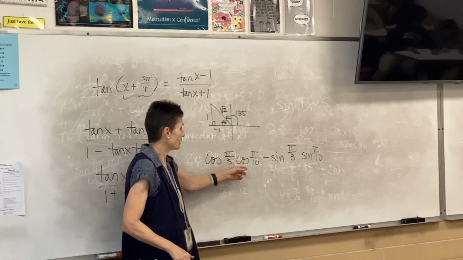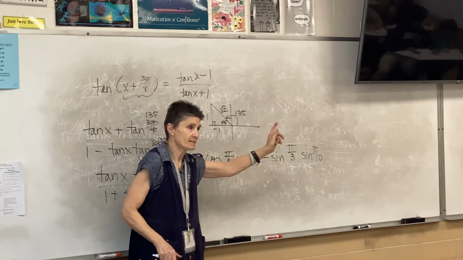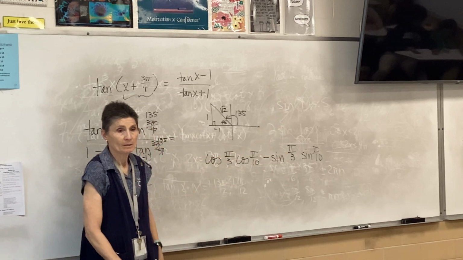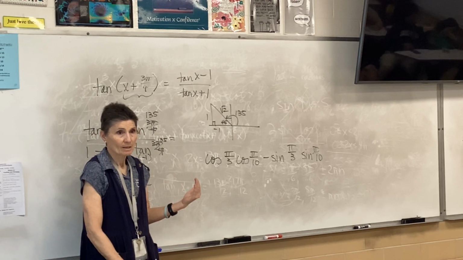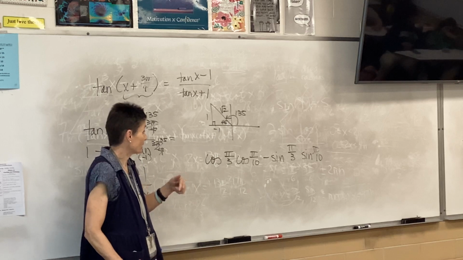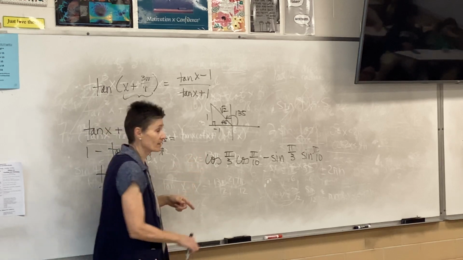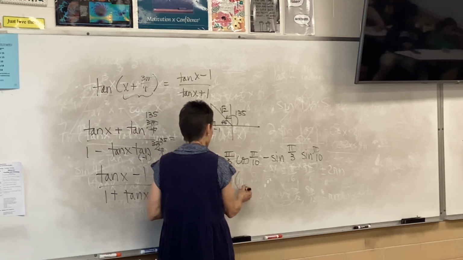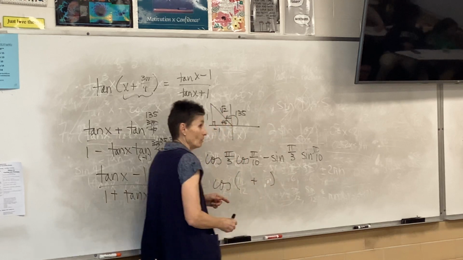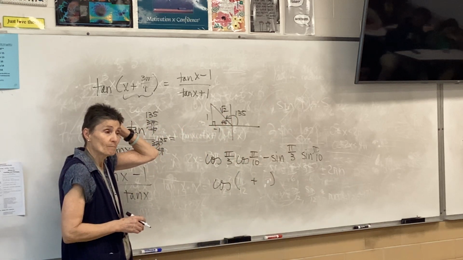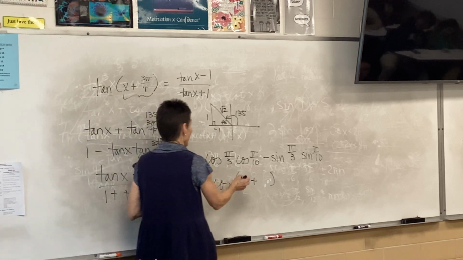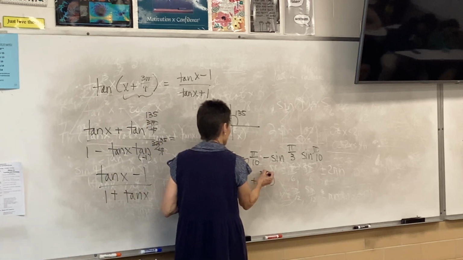It's cosine, cosine, minus sine, sine. Well, what is that? That's like cosine angle plus angle. This is a cosine angle plus angle formula, right off your reference sheet. So your angles are pi over 3 and pi over 10.